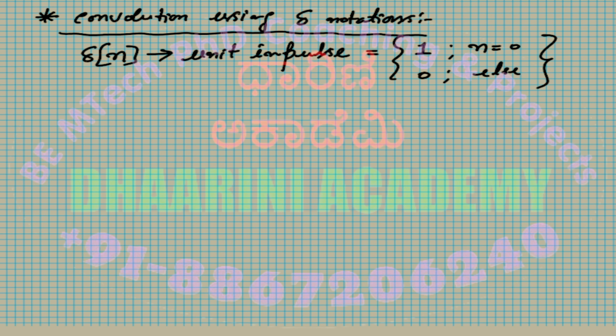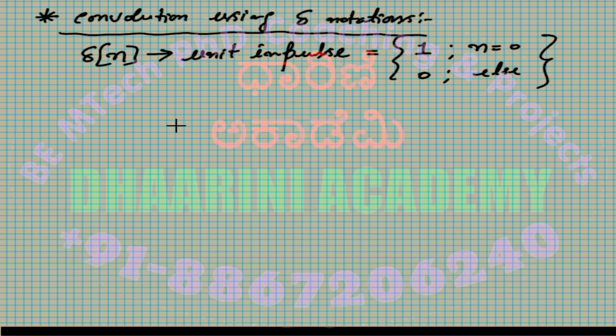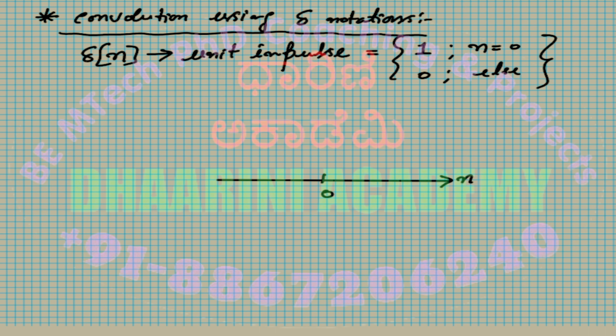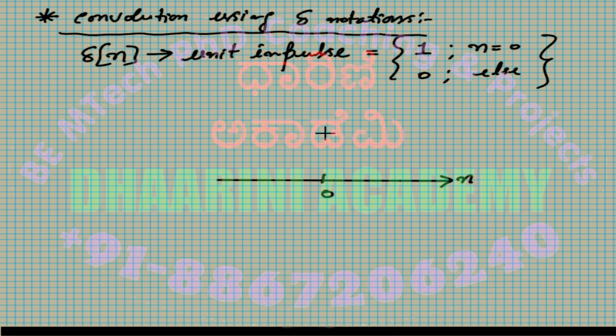For example, if I want to plot and show you how this looks, this is the plot. This is the horizontal axis, let me call this the n axis. This is n equal to 0. At n equal to 0, this signal has amplitude equal to 1, and at any other point it has no amplitude.